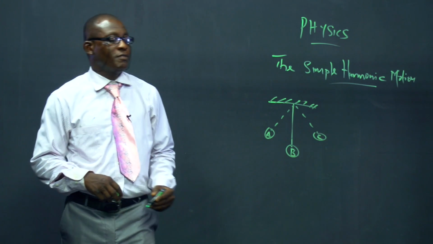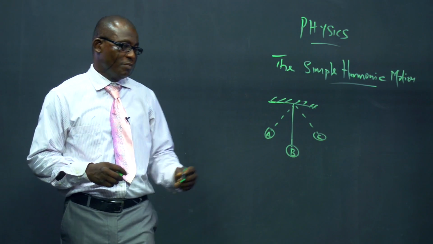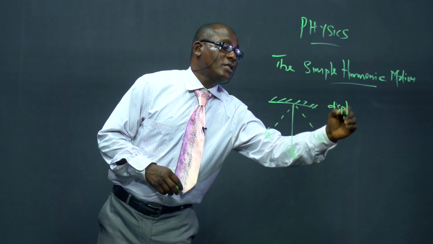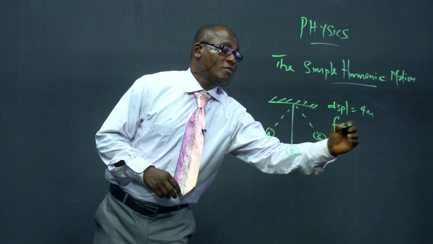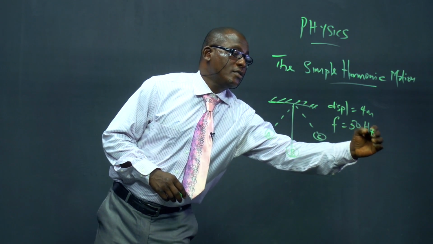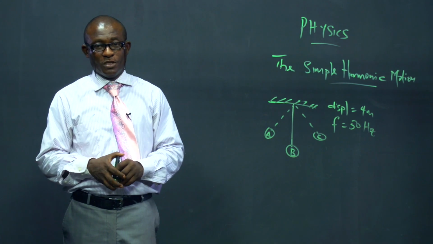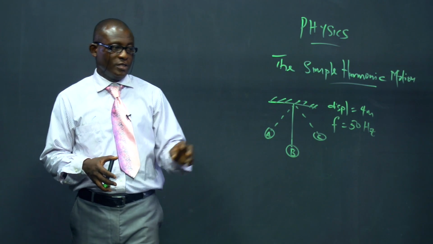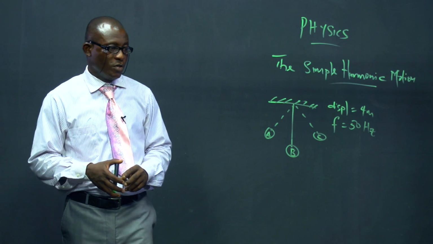Look at the body, A, B, C. We are given the displacement of the body, 4 meters. The frequency, we are given as 50 Hertz. So a body performing simple harmonic motion, with its displacement and frequency given.